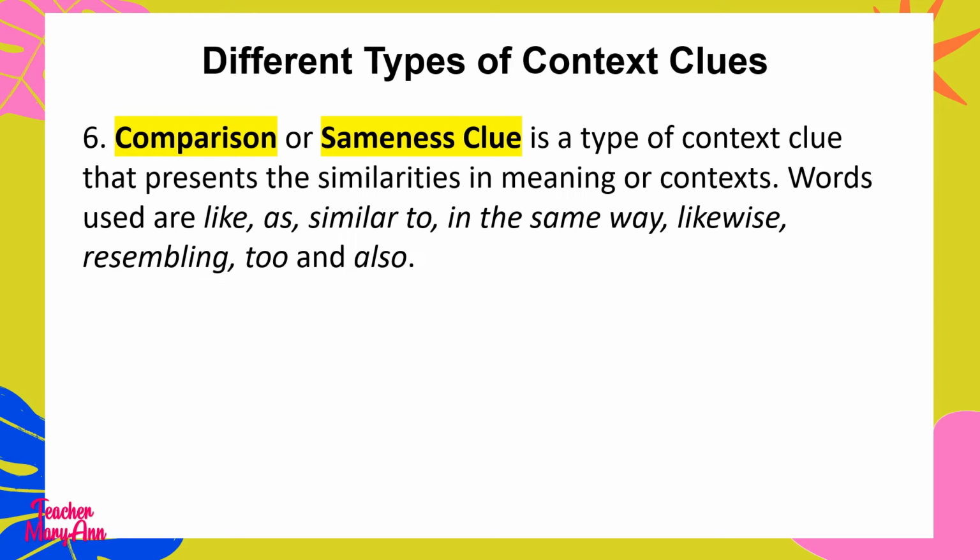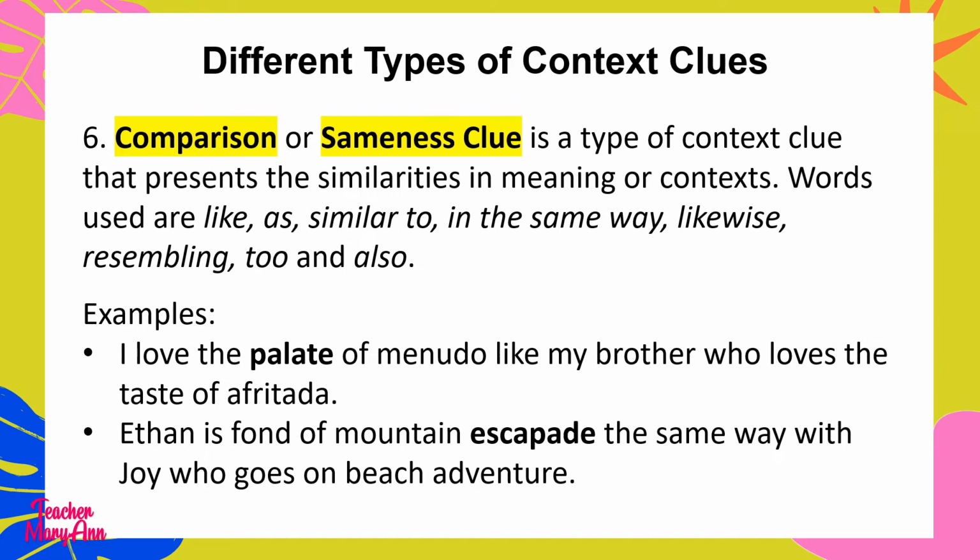Number 6, comparison or sameness clue. It is a type of context clue that presents the similarities in meaning or context. Words used are like, as, similar to, in the same way, likewise, resembling to, and also. For example, I love the palate of menudo like my brother who loves the taste of afritada.